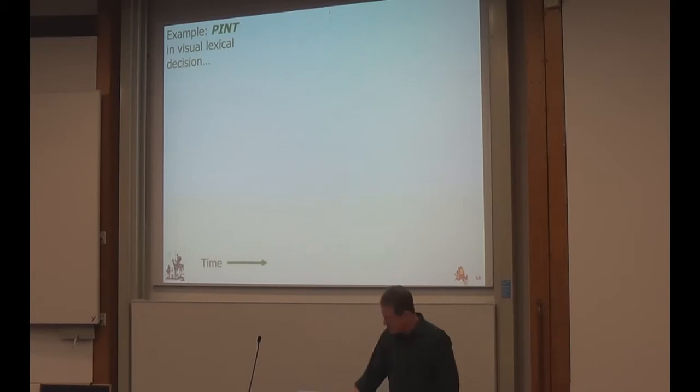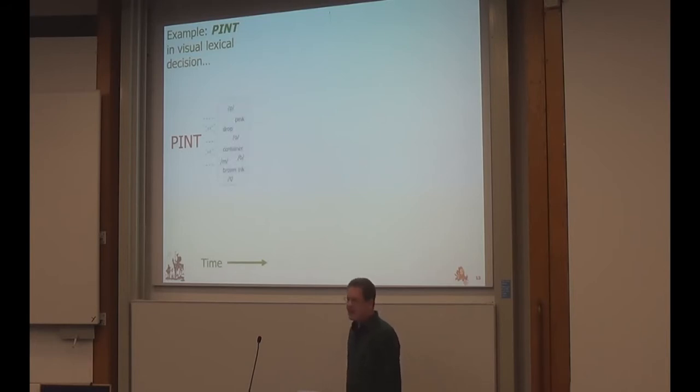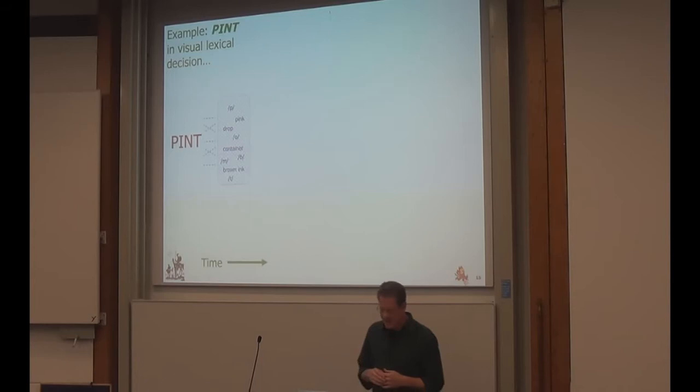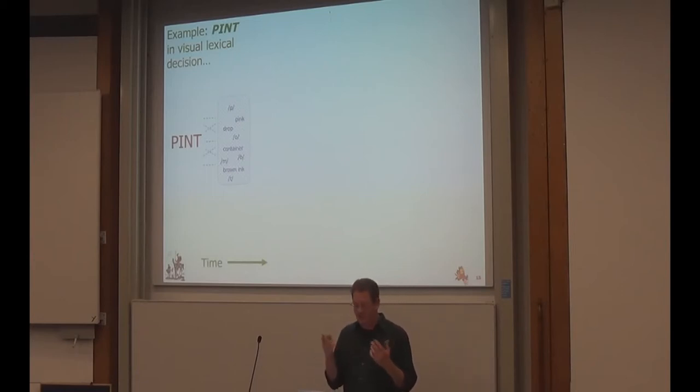Essentially what happens in a resonance model is something like the following. The word is presented on screen, and let's say you're doing a lexical decision. It immediately activates lots of these little features, but you're not consciously appreciating those features. It might be things like the sound of the initial letter P, it might be words like pink that it looks like, but it could be semantic stuff like drink, container, whatever.